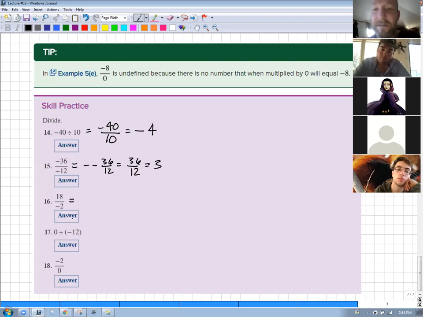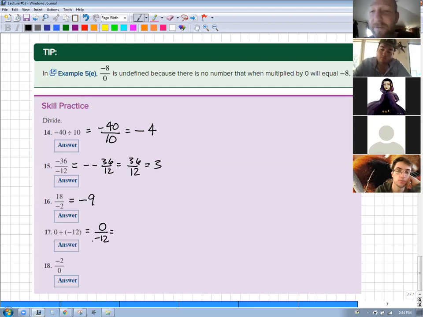Number 16, it doesn't matter if the minus is on the bottom or the top or out front of the fraction. It's a single minus sign and we need to keep it. This is a negative number and it's a -9 because 9 times 2 is 18. Number 17, this is 0 divided by -12.